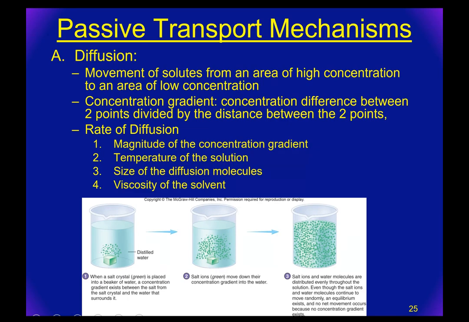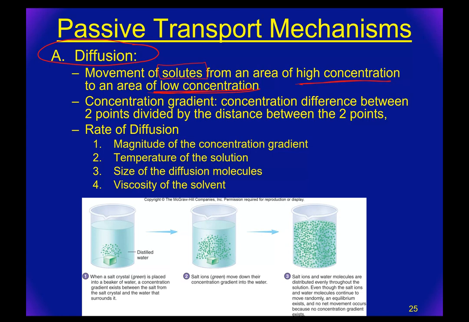The first mechanism that uses passive transport that we discuss a lot in A&P is diffusion. Diffusion is the movement of solutes from an area of high concentration to an area of low concentration. Solutes would be things like sodium or sugar or chloride for that matter, or chlorine, I should say.